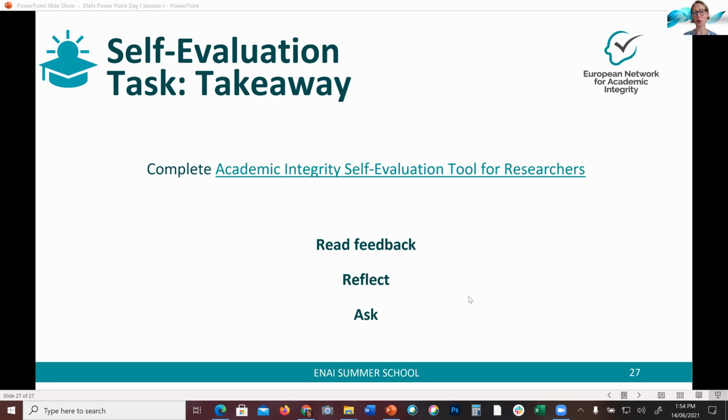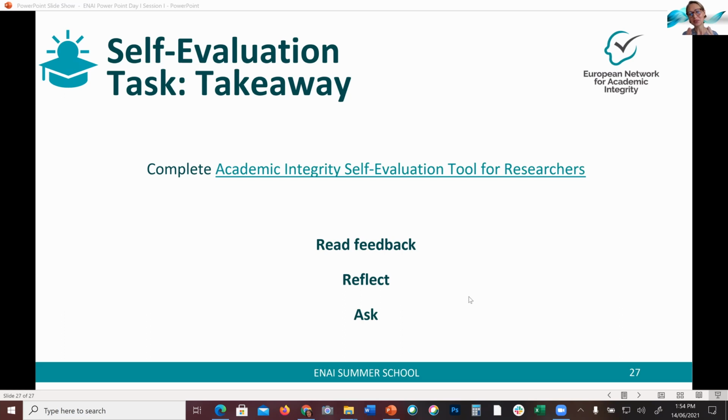The tool is composed in such a way that it has questions. You choose your responses, and for each section you receive feedback based on your responses. So you can see how well you did, or if there are some points that you know better or worse, and what could be the guidelines for further reading or acquiring some knowledge.